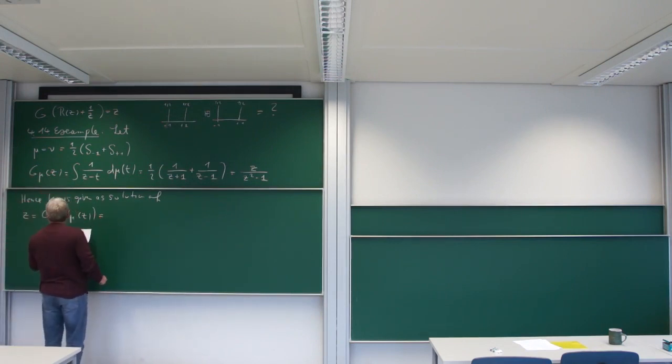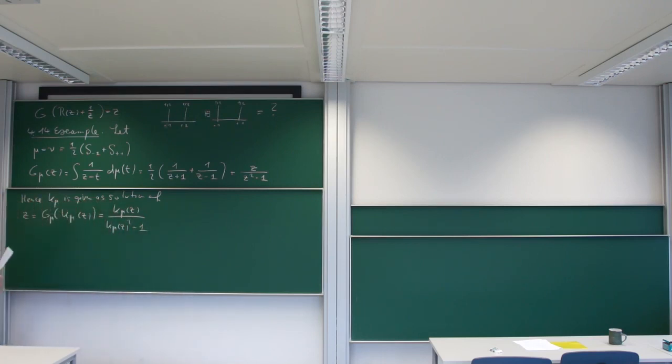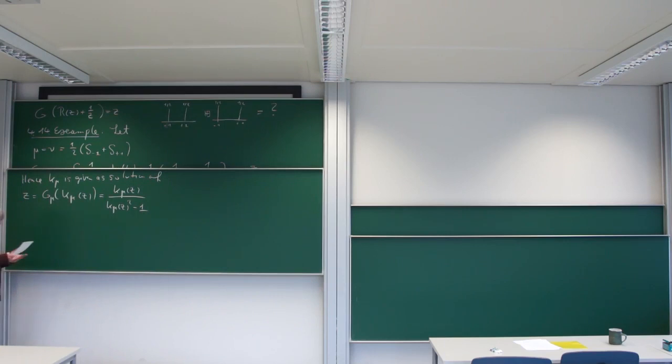So what I have here is now the argument divided by argument squared minus 1. The argument is now K_μ(z), and divided by K_μ(z) squared minus 1. Okay, so you see z is equal to this, and this gives me an equation for K. Of course, a quadratic equation which we can solve. So our equation is what?